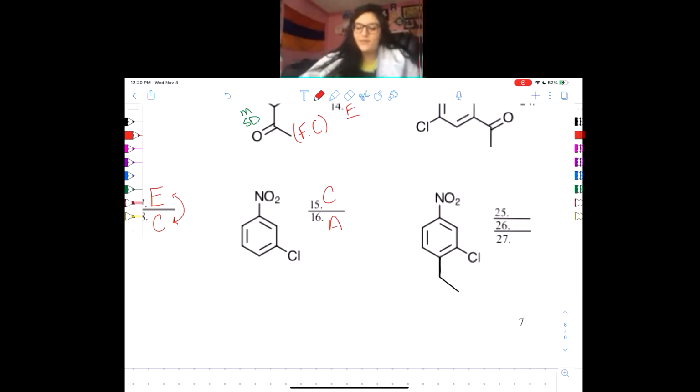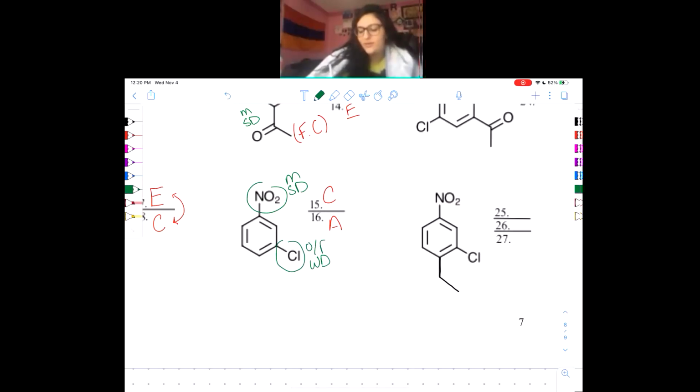And the reason it cannot be reversed is this is a strong deactivator, so it's meta directing. And we know that this is a weak deactivator and it's ortho-para directing. And since these are meta to one another, this one had to come first. Correct.